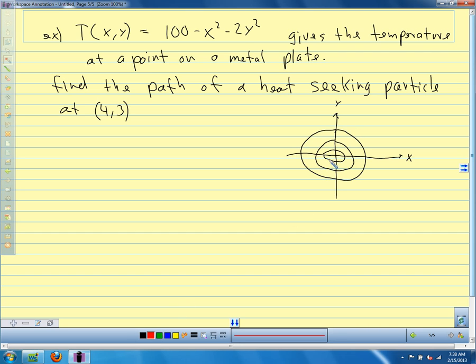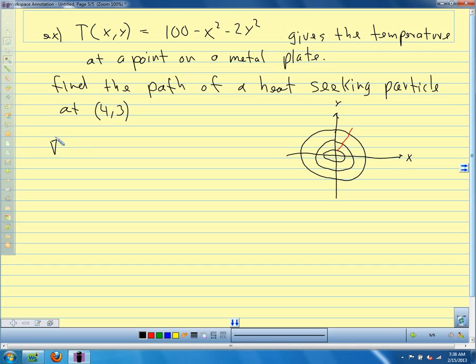Our path is going to look something like, here it'll be perpendicular, here it'll be perpendicular. So it kind of curves. I know my lines aren't exactly perpendicular, but it's going to have some kind of curving path towards the maximum temperature. So the gradient is going to point in the direction of the maximum temperature.